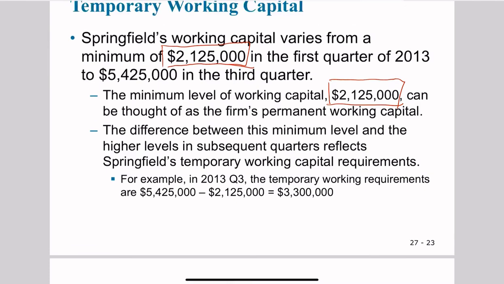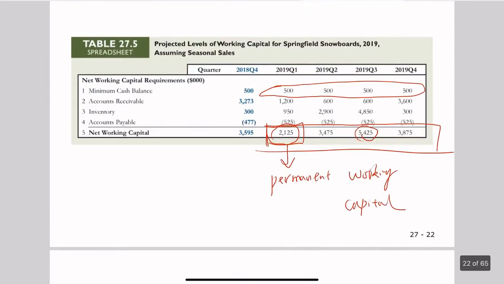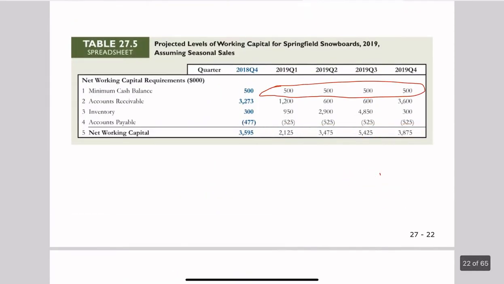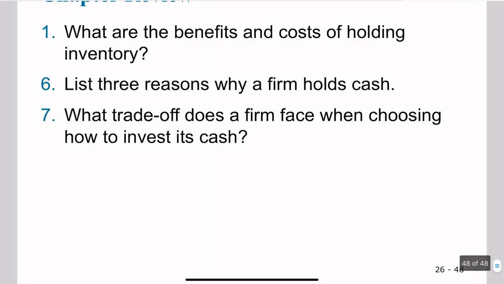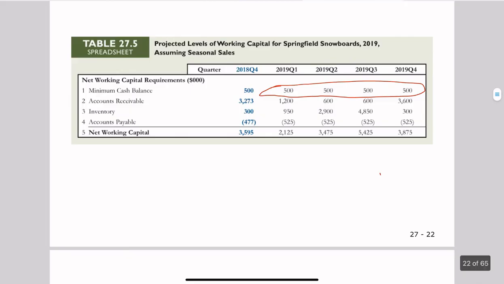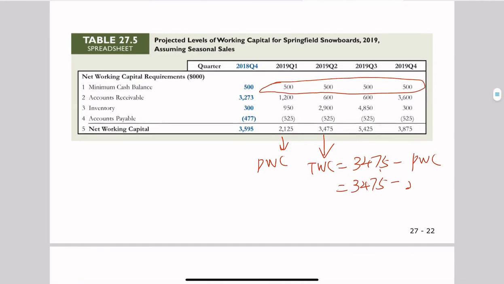right? For example, if we consider this our permanent working capital, in Q2, how do you calculate temporary working capital? Well, it equals the total net working capital, 3,475, minus the permanent working capital, which is 3,475 minus 2,125.